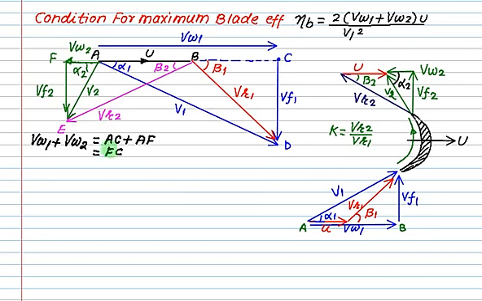FC. Now instead of writing FC in this fashion, can I write this in the form of FB plus BC? Is FB nothing but VR2 cos beta 2? And is BC, from here to here, VR1 cos beta 1?